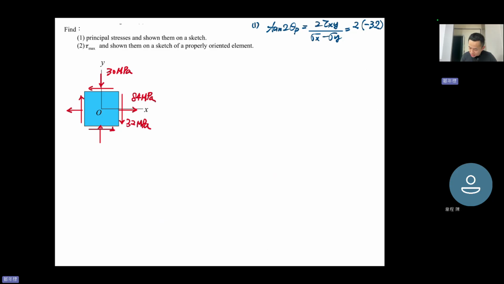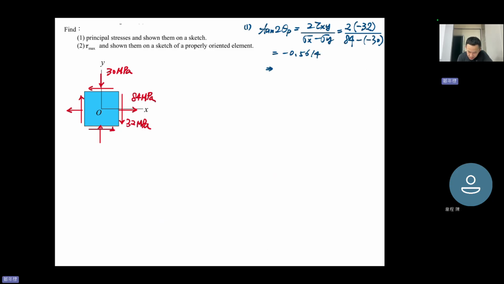You need to be really careful about this. The sign is crucial here in chapter 7. Very important. And sigma x is 84 MPa, tensile, minus sigma y, which is compression, so it's minus minus 30. That gives minus 0.5614.